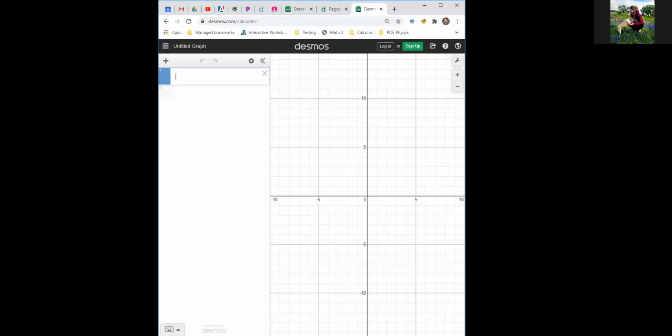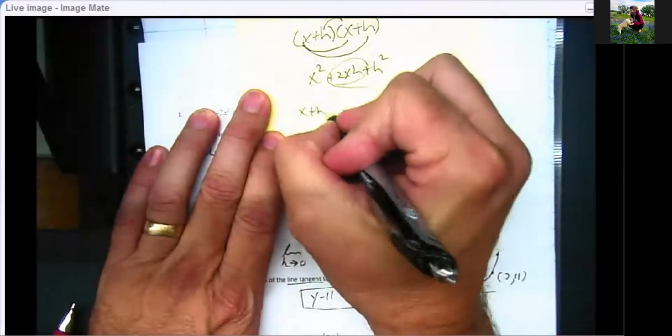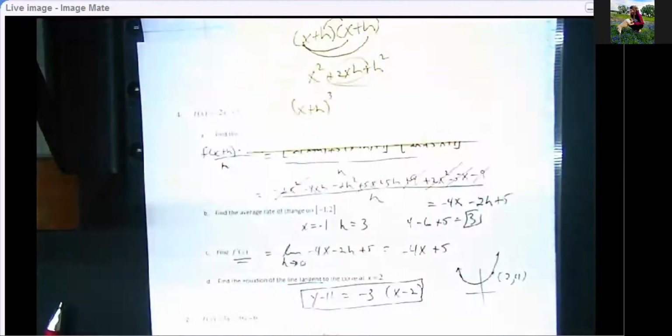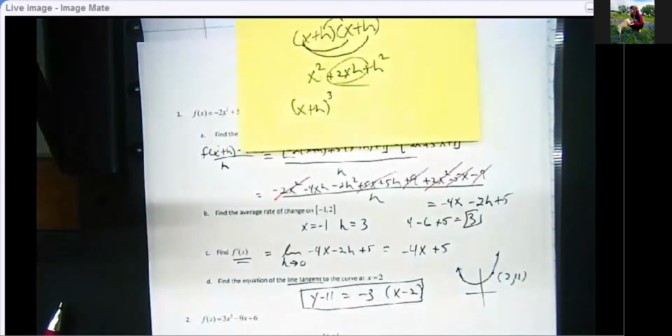Okay, so what I have for you today is 2 of them. So first, let's go back. So you guys may remember this version right here. Does anybody in here remember what x plus h cubed is? Well, you get x cubed.